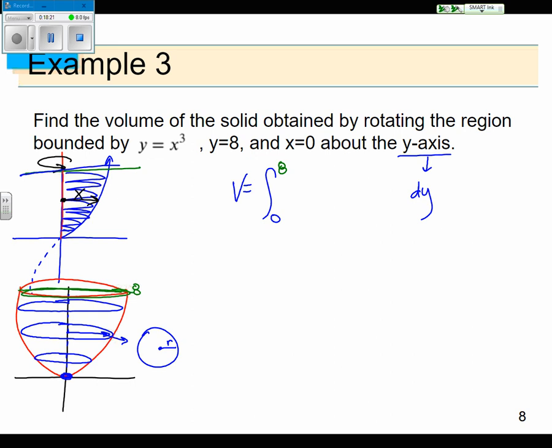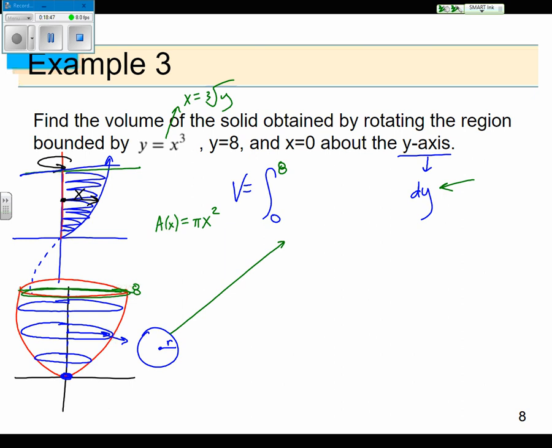And then I want to throw my cross-sectional area in right here. Well, my cross-sectional area is going to be pi times the radius squared. Well, the radius is x squared. But I want stuff in terms of y. So I need to change this. X is going to equal the cube root of y.